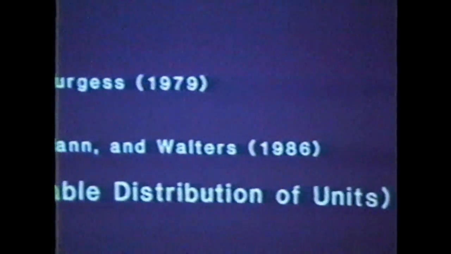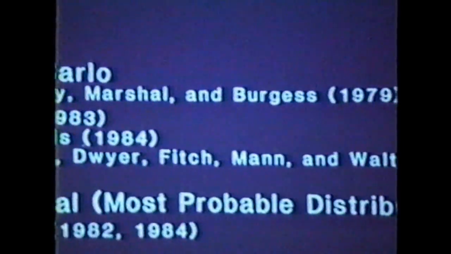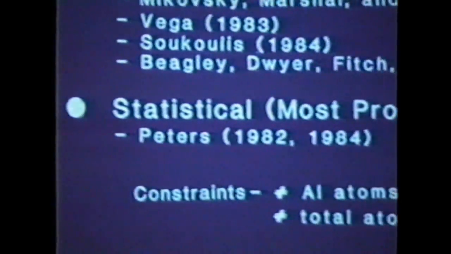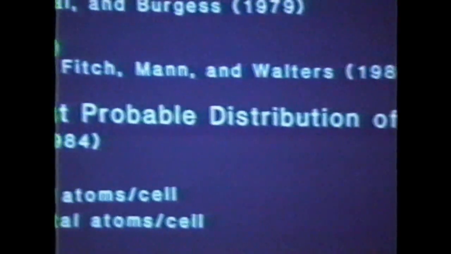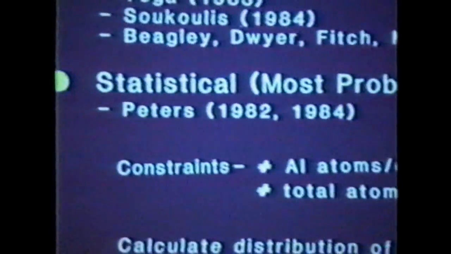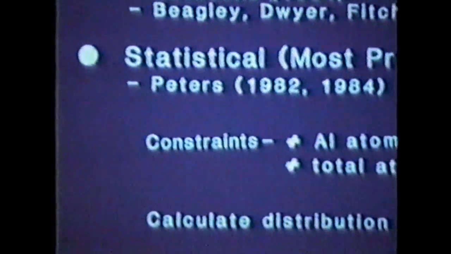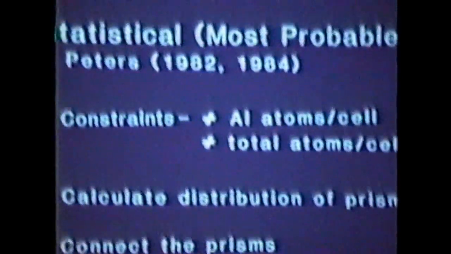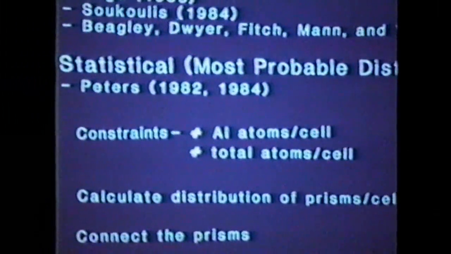And you do it the same way using Lagrange multipliers and that same business. In any event, if you do that, you can pretty much calculate what an aluminum distribution in a faujasite would look like if there were no avoidance rules, no energetic constraints or anything else.